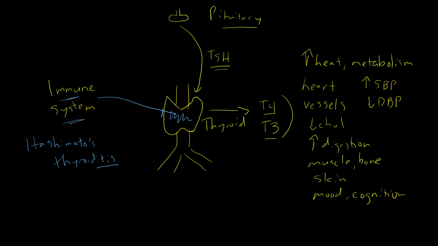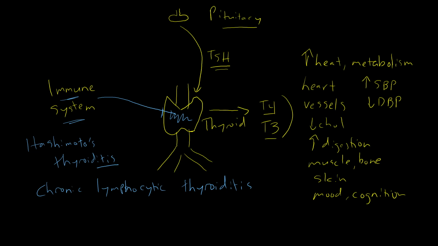Hashimoto's thyroiditis is also called chronic, which means long-term, lymphocytic, which is the type of cell, thyroiditis, again, inflammation of the thyroid. And depending on whether you include people with very, very mild forms of chronic lymphocytic thyroiditis, where the thyroid is still able to do its job properly, this is a very common condition.